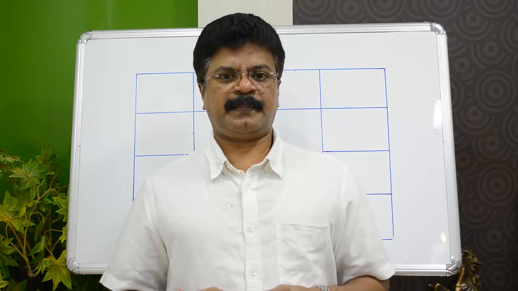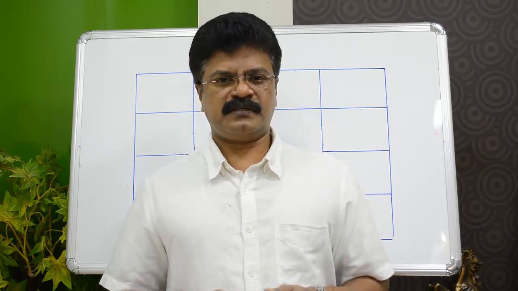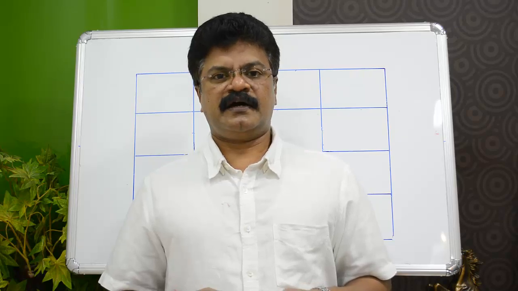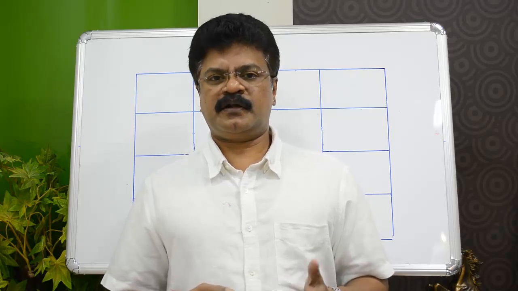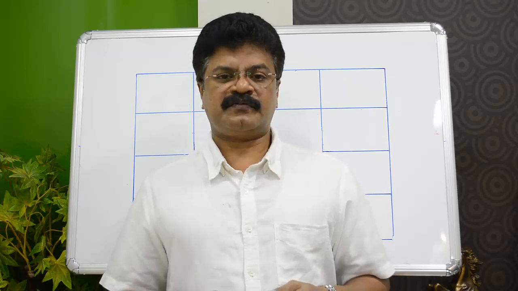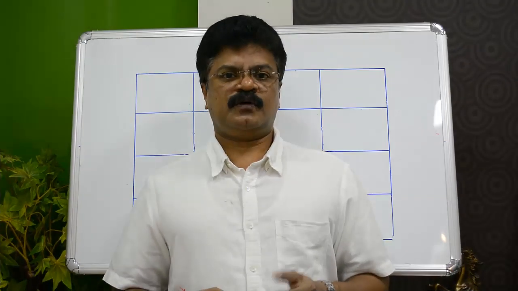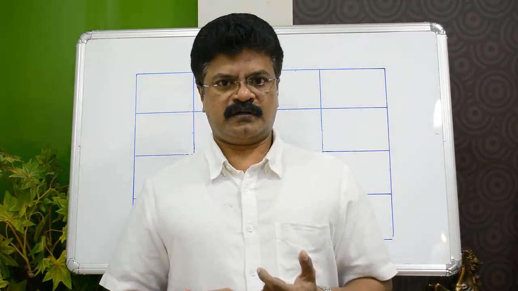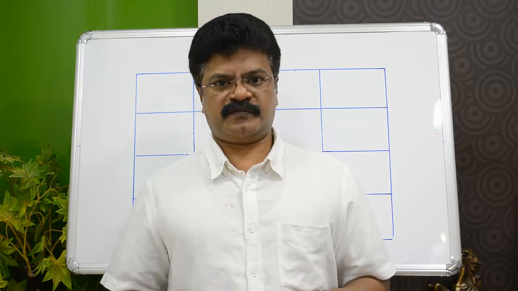One such aspect of astrology is the simple transit results, and it is so simple that, according to me, even a second standard student can understand the result of a transit. So today I'm going to talk to you about how to understand the Jupiter transit all by yourself.